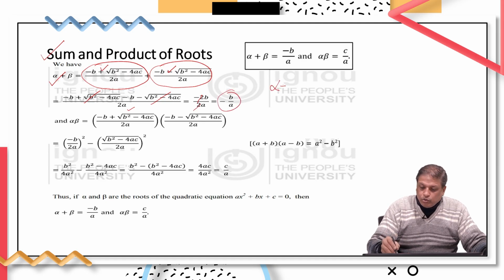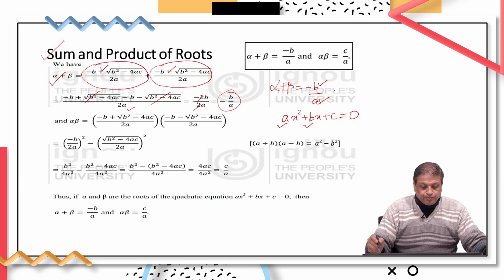So, the sum of the roots, alpha plus beta, turns out to be nothing but minus b upon a, where b and a are the coefficients of the quadratic equation ax square plus bx plus c equal to 0. That is, b is the coefficient of x and a is the coefficient of x square.